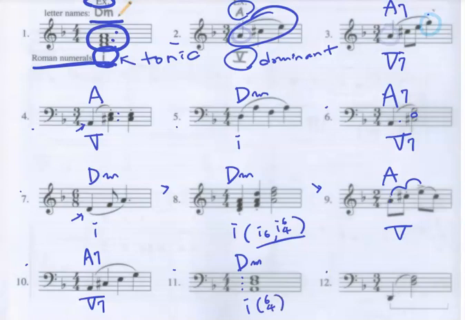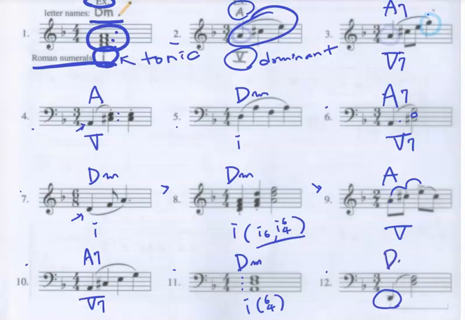Okay, lastly, number 12. Okay, what is the first note here? It's a low D. Okay, so you have only D and F in this passage, but we can guess this is D minor chord.